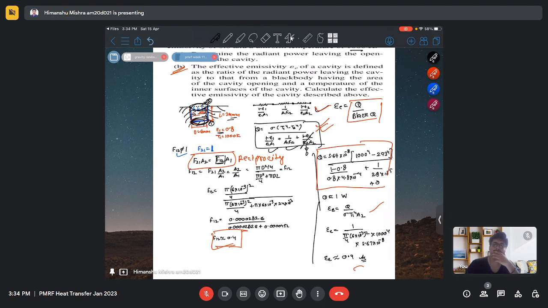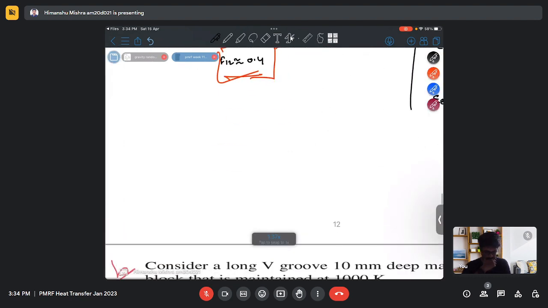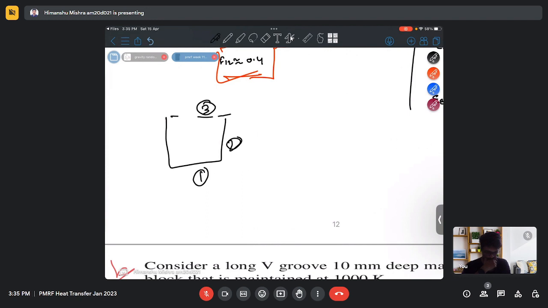You have taken the top as 2, but I am taking it as 3. So we can't club 1 and 2 together, because F22 will not be 0.